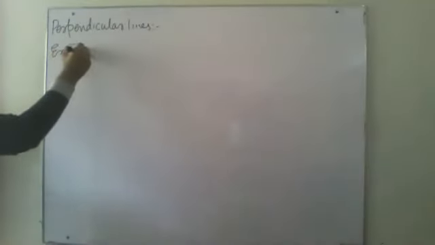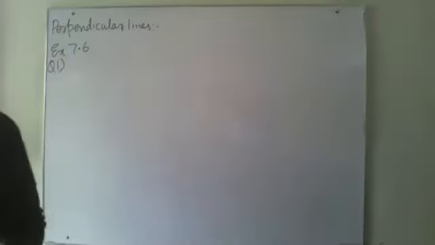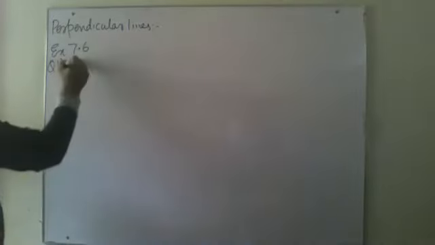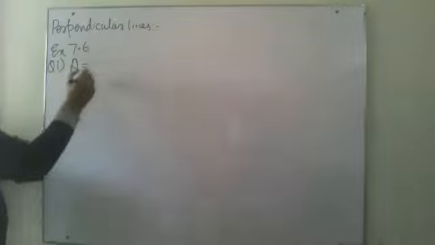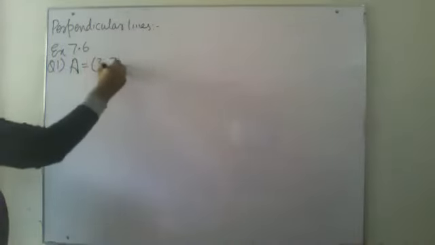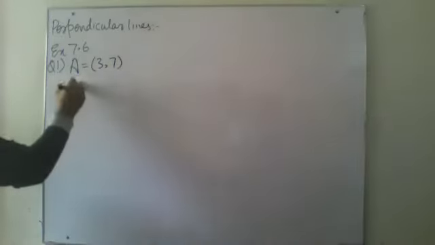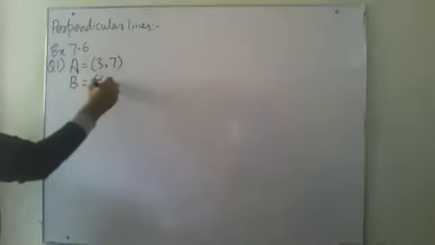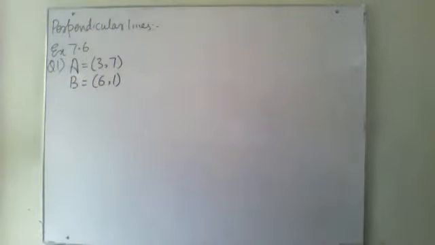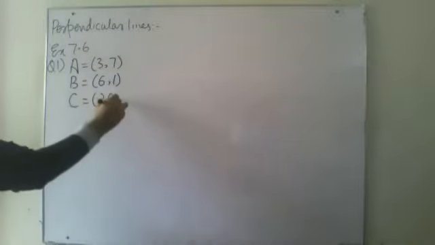Exercise 7.6, question number 1. The question gives us A equals 3 comma 7, B equals 6 comma 1, and C equals 20 comma 8.